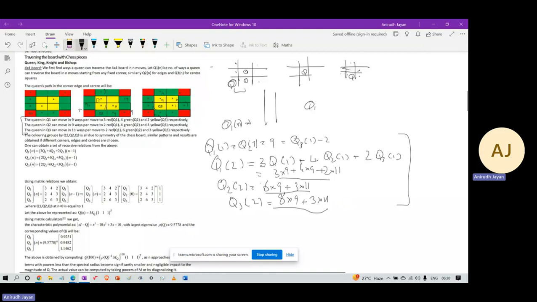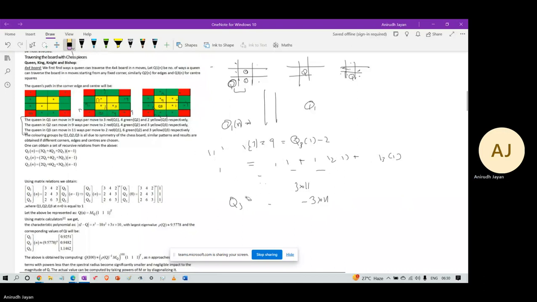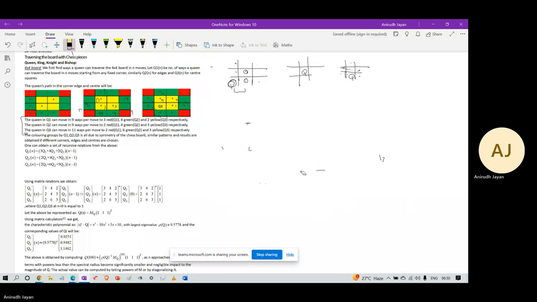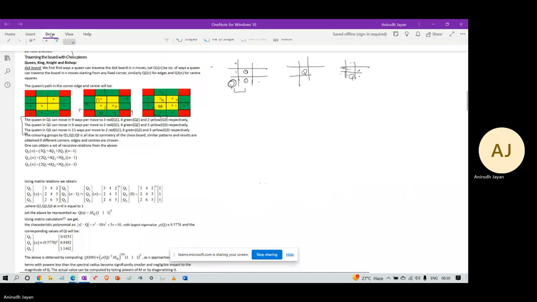Now, one can form certain recursive relations.